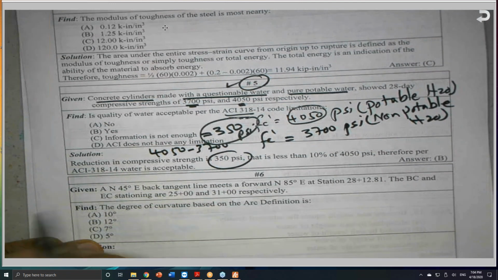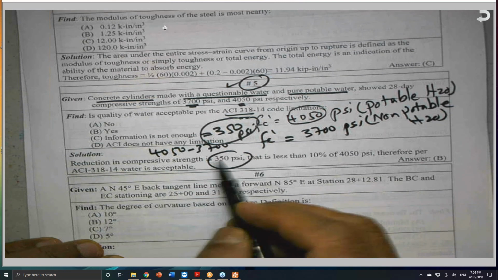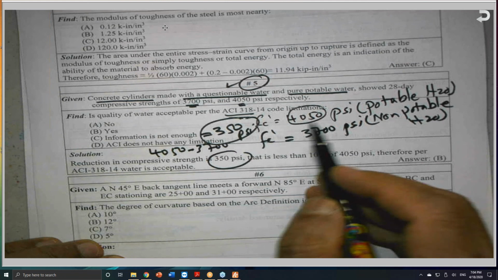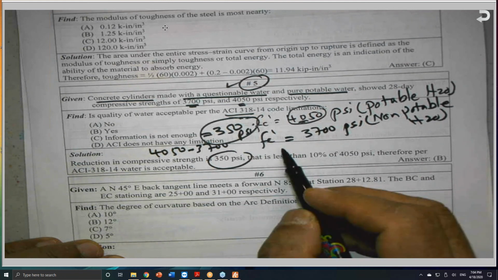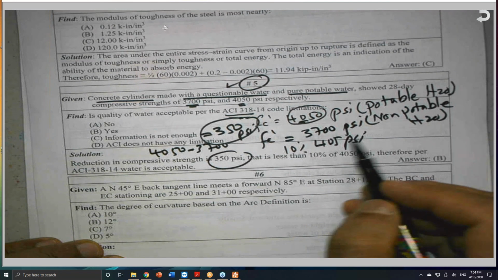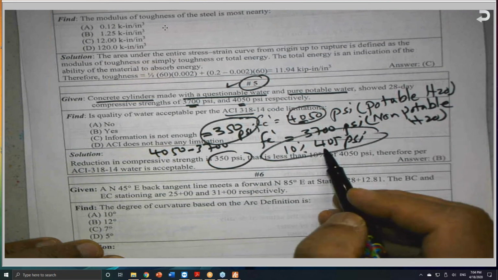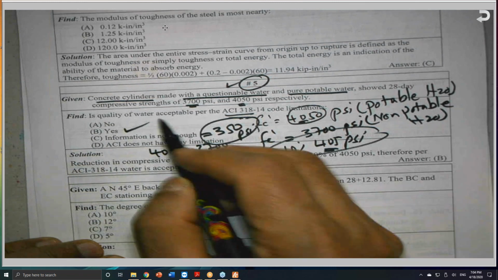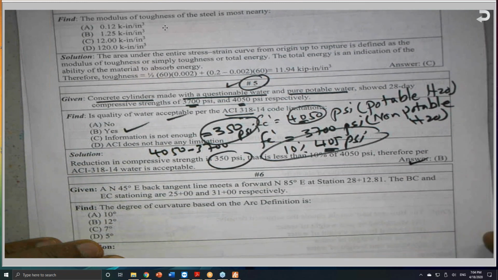So I went down by 350 psi because we used non-potable water. 10% of 4,050 is about 405 psi. So I lost something less than 10%, so it is acceptable. Is this water acceptable? Yes. The answer is yes, because the 10% limit stated in the code is the criterion for me.